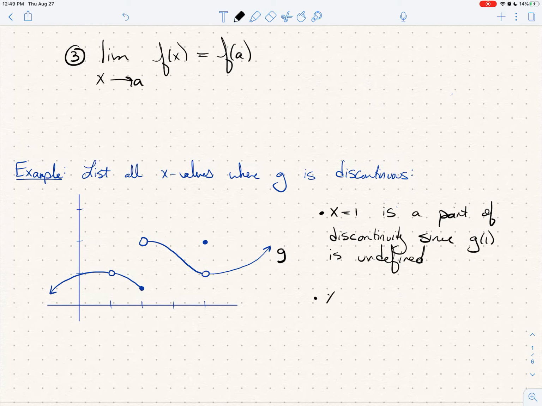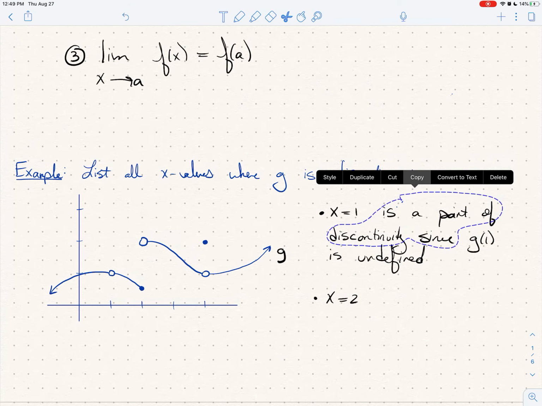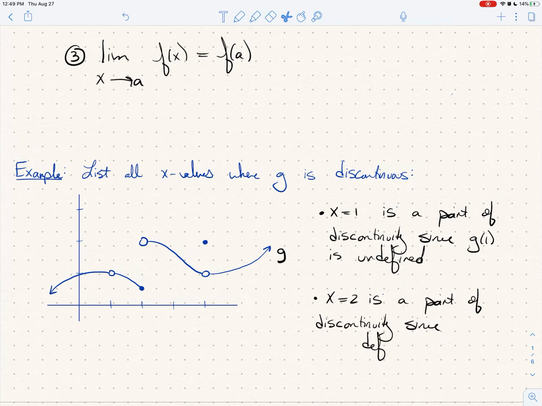So x equals 2 is a point of discontinuity since the limit as x goes to 2 of g of x simply does not exist. Okay, so there's a problem here, there's a problem there.